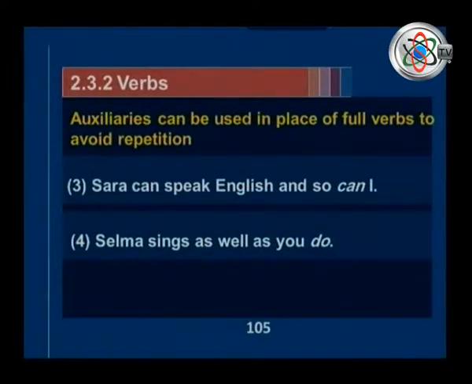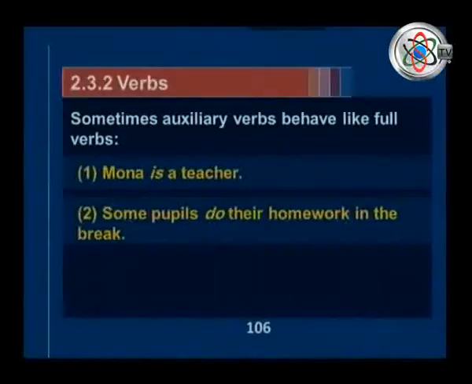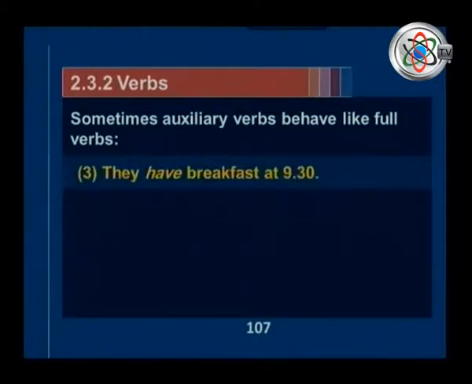Selma sings as well as you do. Some pupils do their homework in the break, during interval.